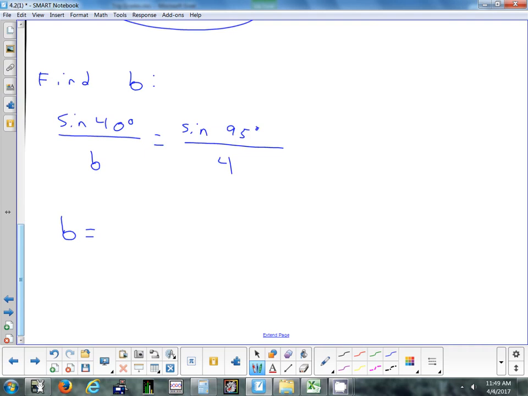Okay, so when I cross multiply and then solve it, Bryce, what do I get? 4 sine 40 over sine 95. Yep. You get 4 sine 40 divided by sine 95.